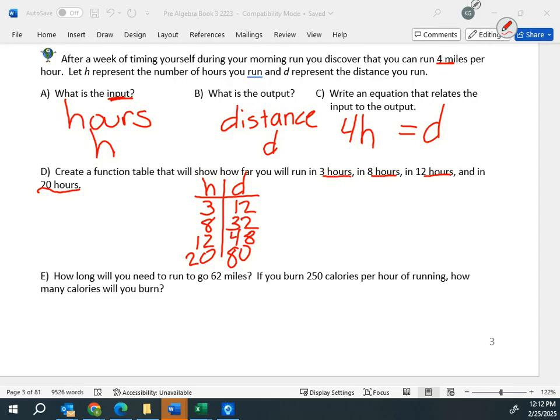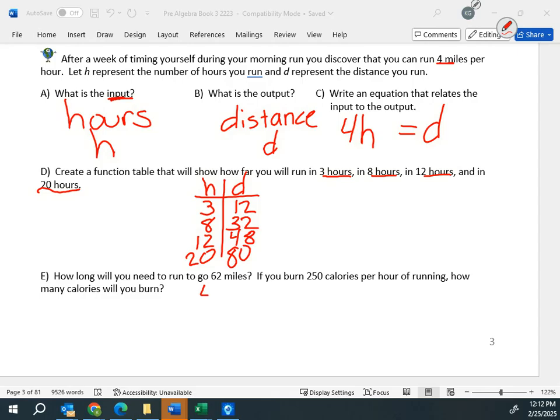Now, how long will you need to run to go 62 miles? How can I figure that out? How can I use the same equation to figure out how long I need to run to go 62 miles? Hadley?